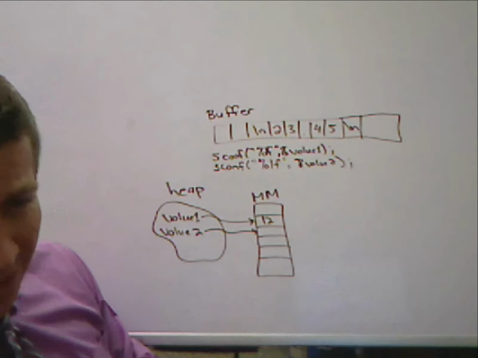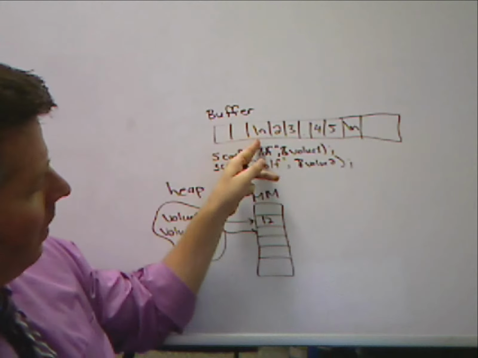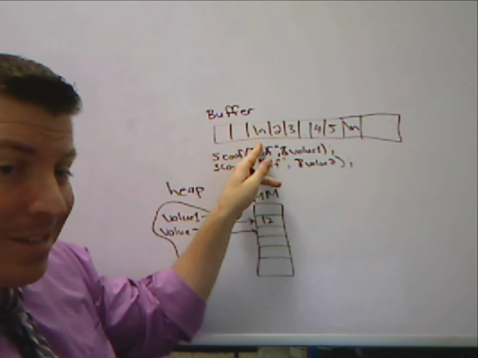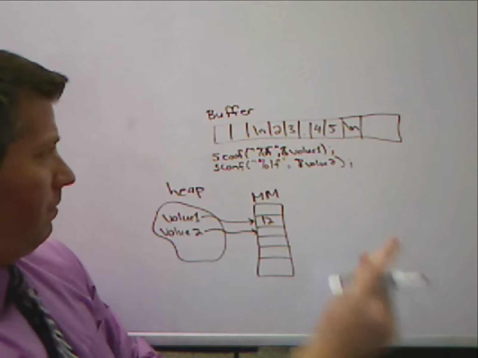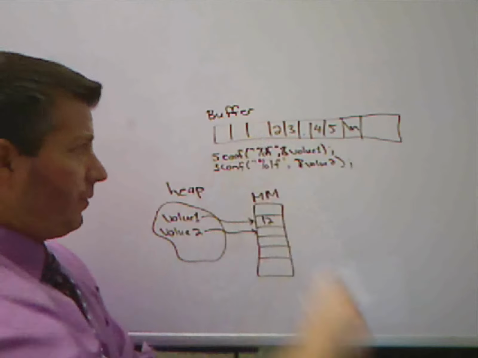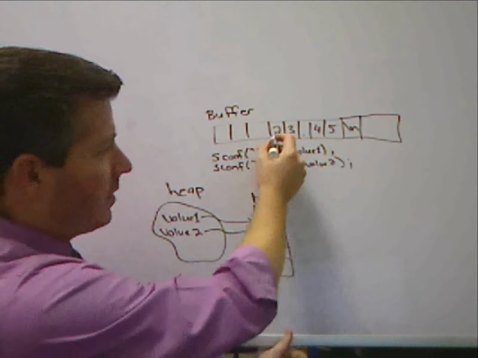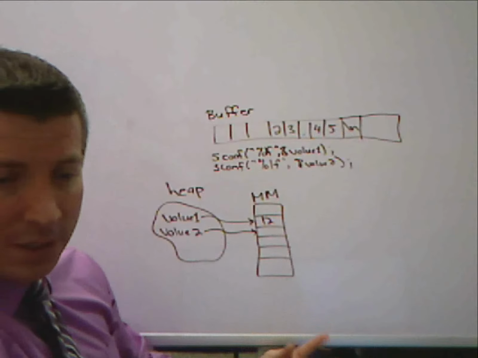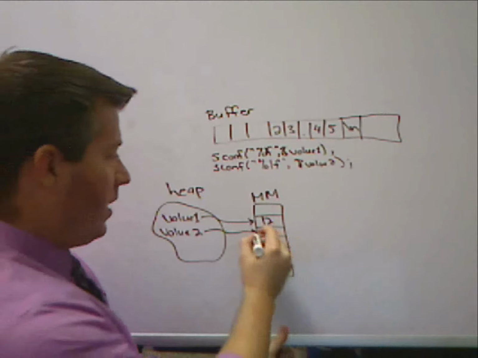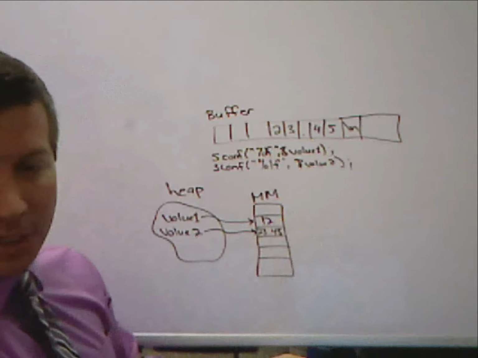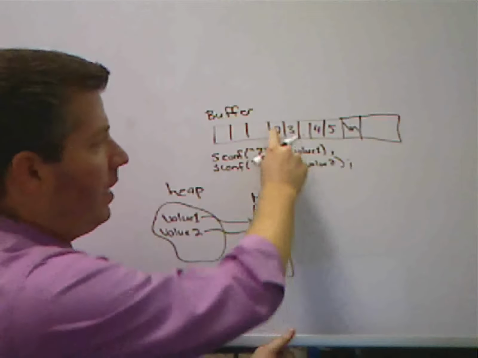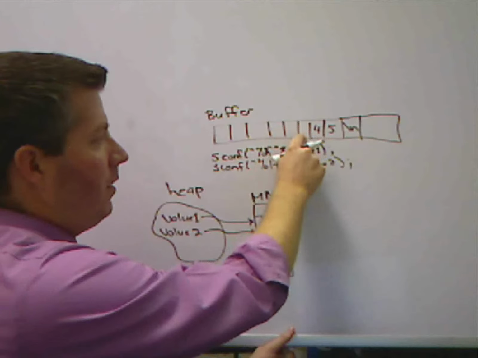Well, the compiler is smart enough to know that this \n is not a numeric type. It's not a number. It's not a double. So what it does is it ignores it. And then it takes the next value, all of this, as the double value. So it takes 23.45 and puts it into main memory. And then it pops that out of the buffer.